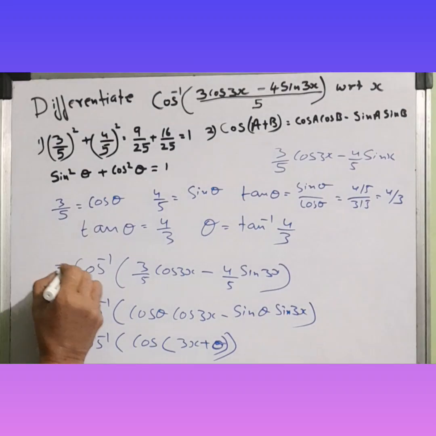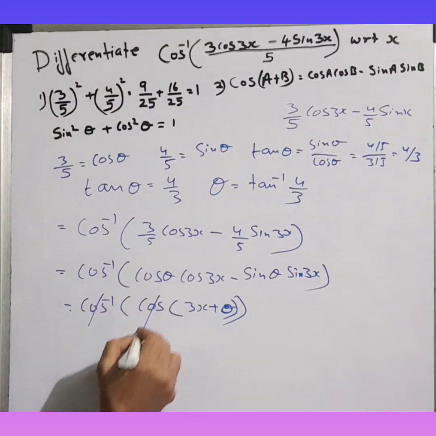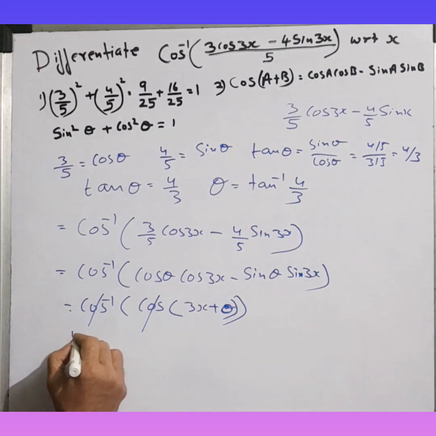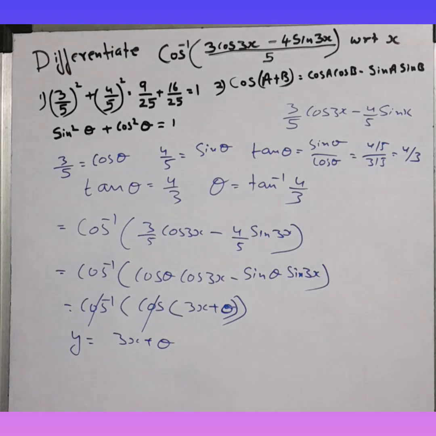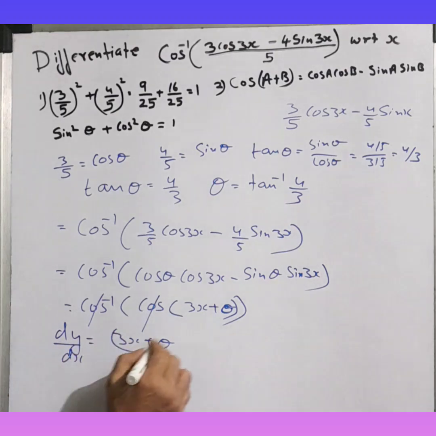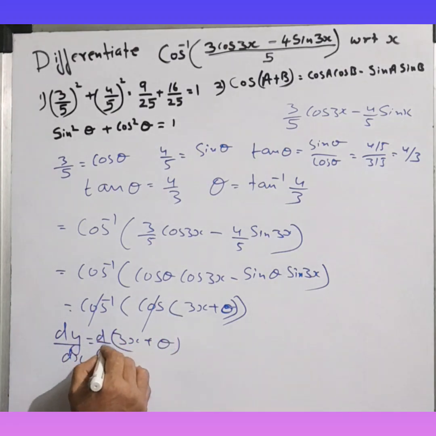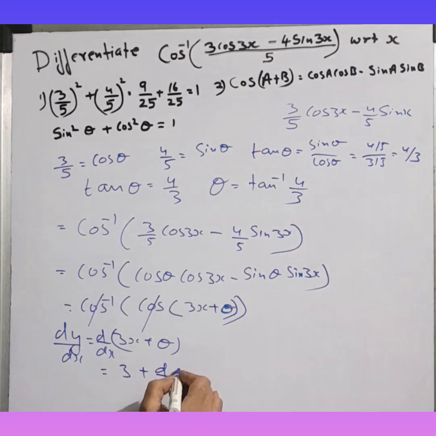So straight away we can cancel this with this. What I am left with is y is equal to 3x plus theta. Let me now differentiate, d by dx of this. When I do this, what we end up with is 3 plus d by dx of theta.